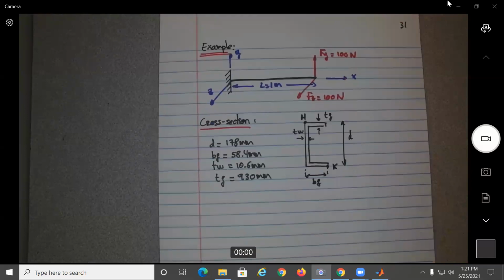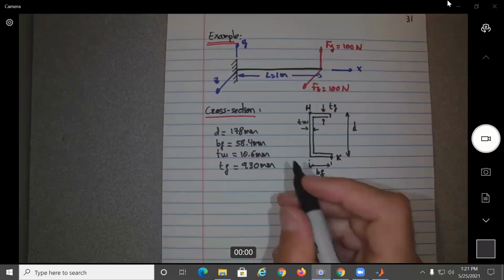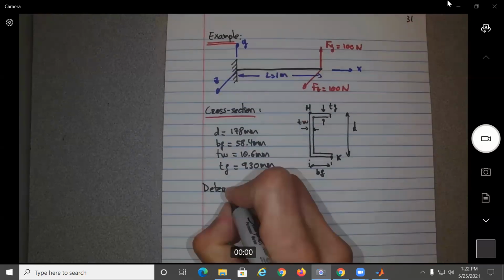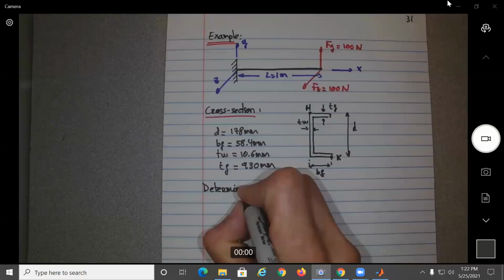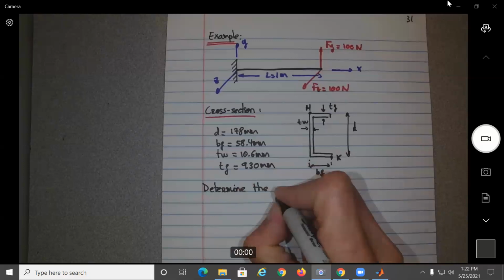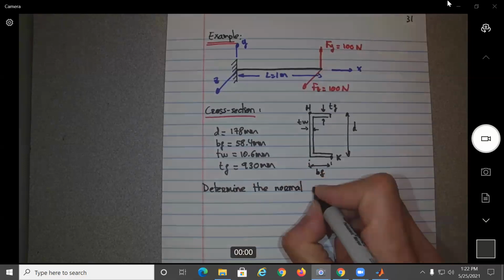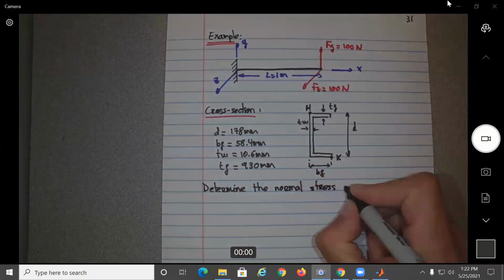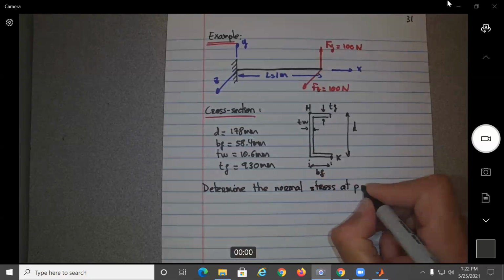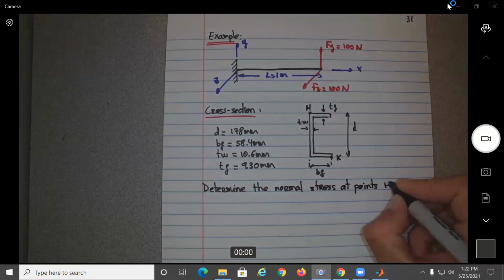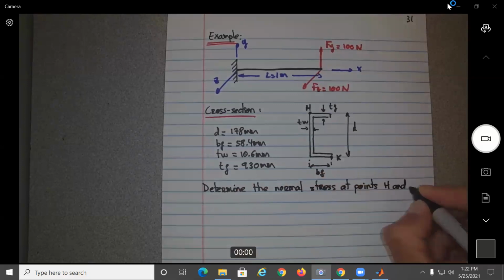Okay, so the question here is to determine the normal stress at points H and K.